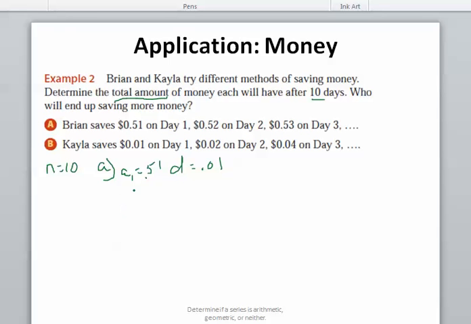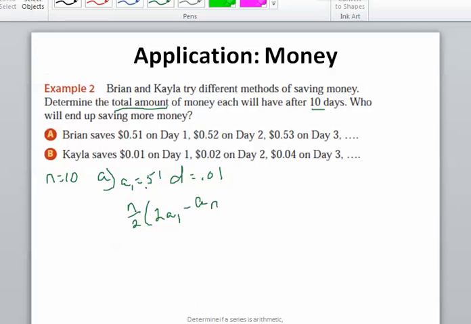So let's use the formula n over 2 times 2 times a sub 1 plus a sub n, where a sub n is n minus 1 times d.